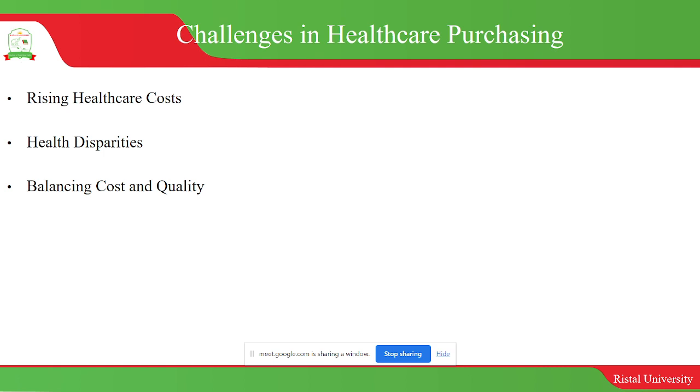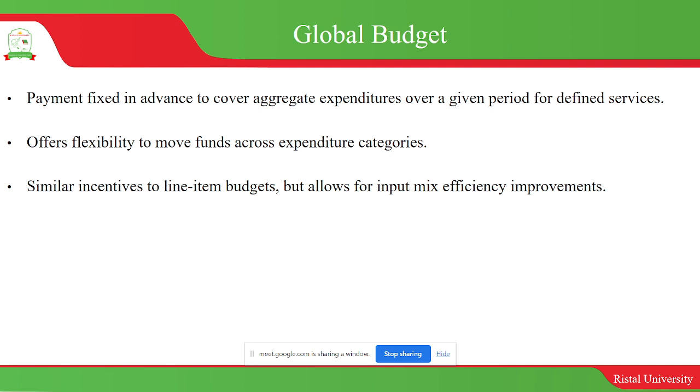Where do you want to spend resources? You need to balance between spending on achieving quality and also spending on achieving services that people may need. So it is a delicate balance to make.